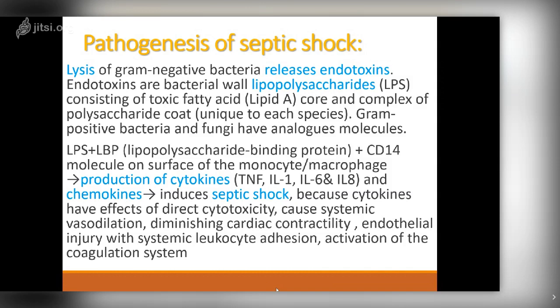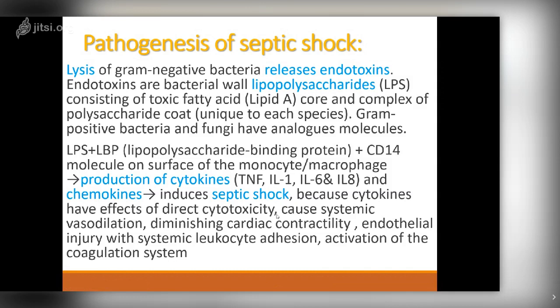When lipopolysaccharides combine with lipopolysaccharide binding protein plus CD14 receptor on the surface of the monocytes or macrophages, this complex activates receptors on the monocyte and sends the message to the nuclei to overproduce such cytokines as tumor necrosis factor, interleukin 1, interleukin 6, and interleukin 8.